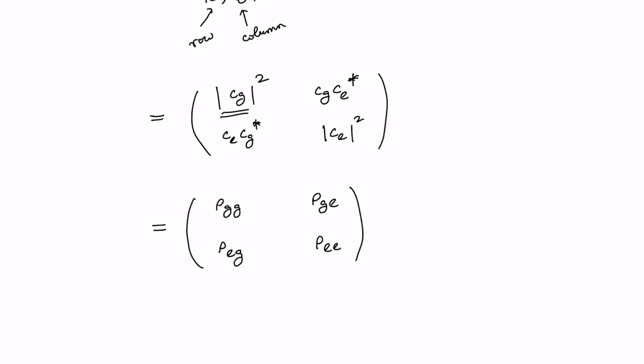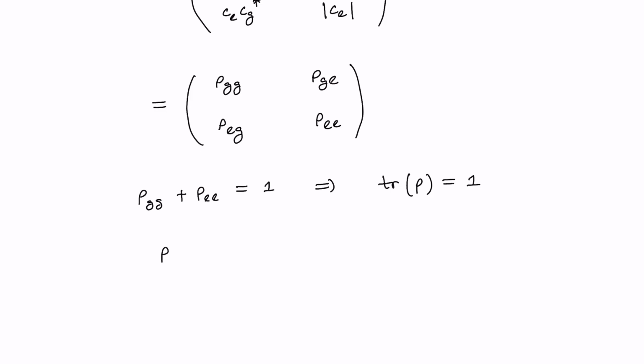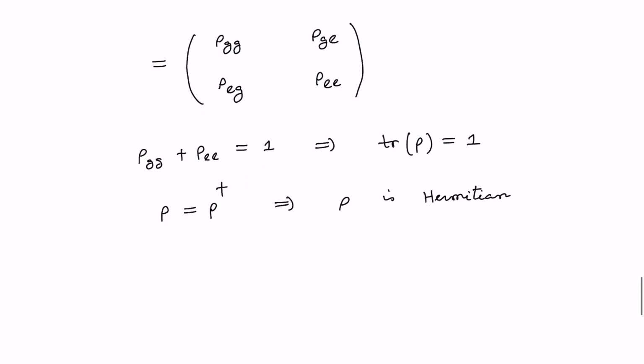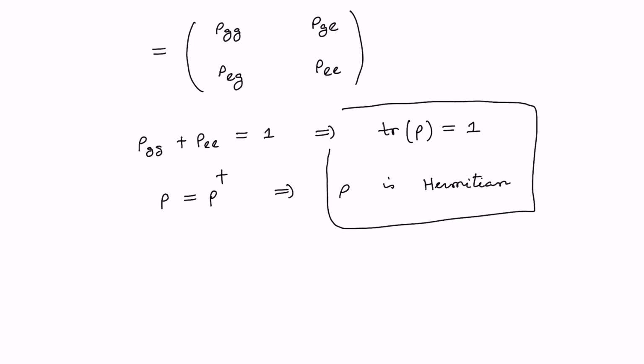These are the density matrix elements, and also you see that rho_zz plus rho_ee is equal to 1. That means the trace of the density matrix rho is equal to 1. Okay, and also you see that rho is equal to rho dagger, the Hermitian conjugate, that means that rho is Hermitian. So these are two important properties of the density operator or the density matrix: trace rho is equal to 1 and rho is Hermitian.